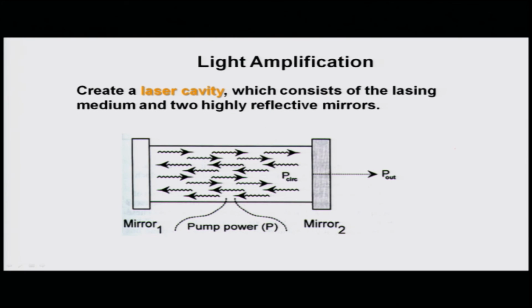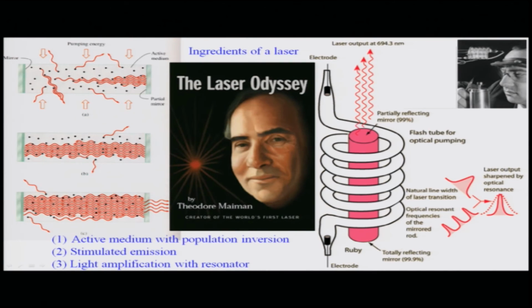Once this idea was there, it was the basic concept of creating a laser cavity which consists of lasing medium and 2 highly reflective mirrors, as we have said, and providing enough pump power to get the laser to happen. And so, here is the first laser.